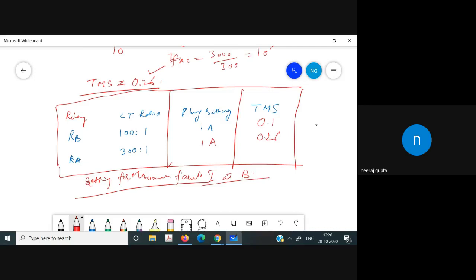If our setting is perfect, in that case the setting is maintained, the selectivity is maintained. However, if it is not perfect, then definitely we have to go for some other setting.